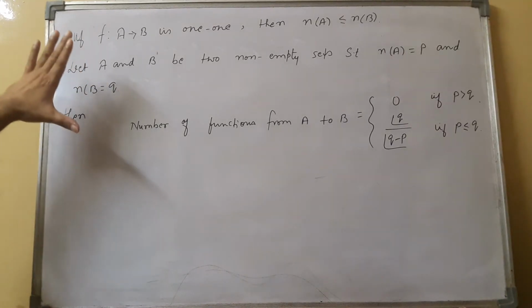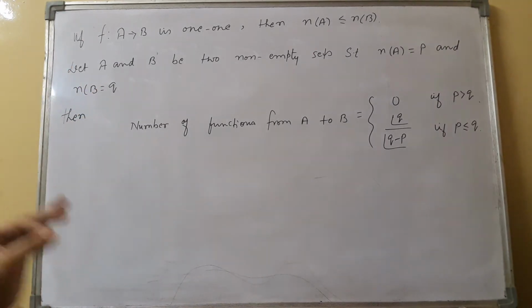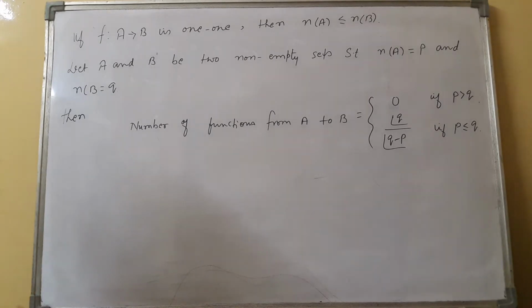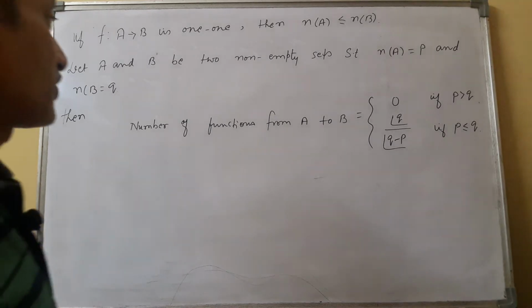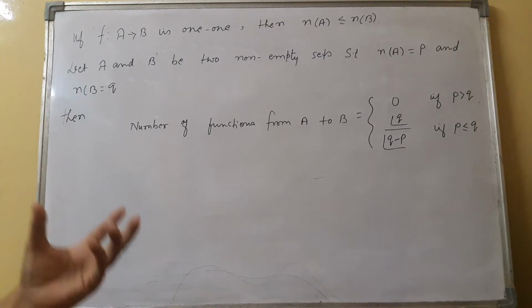So in the previous video I explained what is one-one function, or one-to-one, or injective. Now here I am going to explain how many different total number of functions can be formed from a set A to set B, and it should be 1-1.